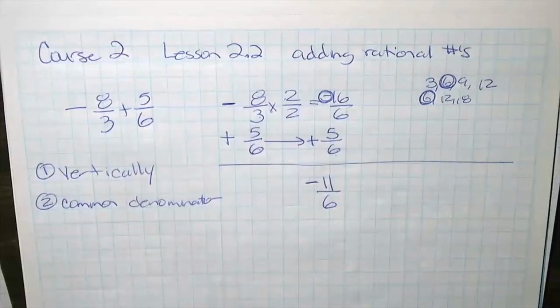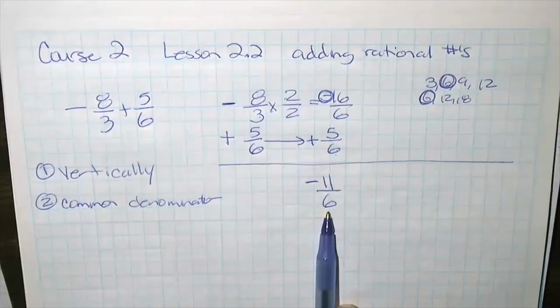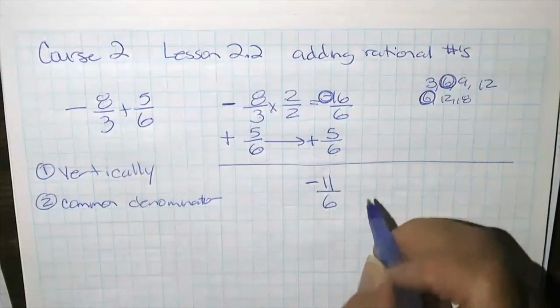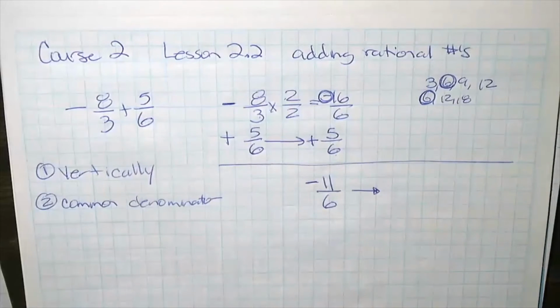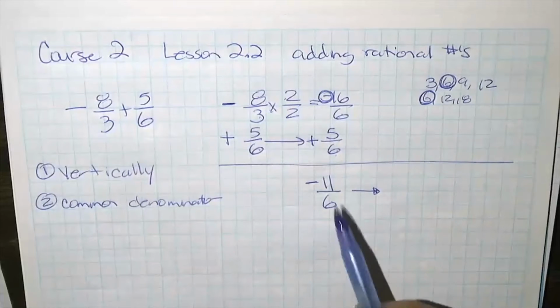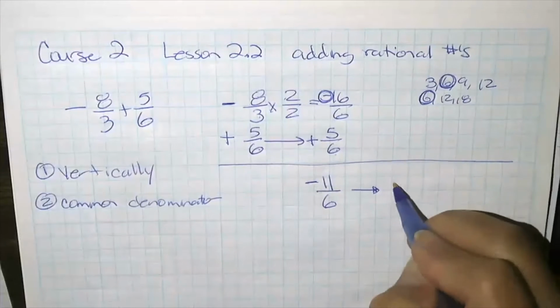Now, when you get into Algebra 1, the majority of the time they'll ask you to keep it like this. They want you to keep it as a fraction, even if it's an improper fraction, because it's easier to work with. Sometimes, in this case, for this unit, they'll ask you to reduce this. So we have -11/6.